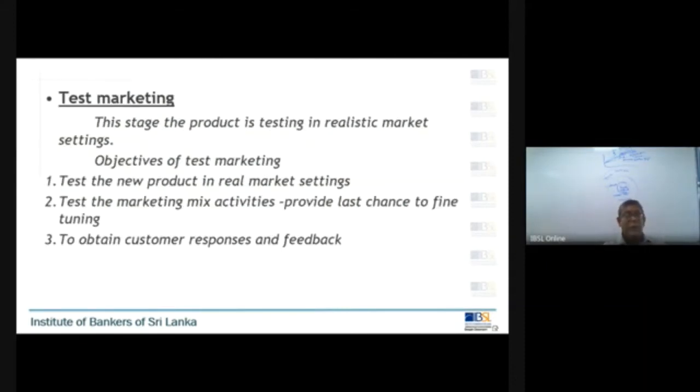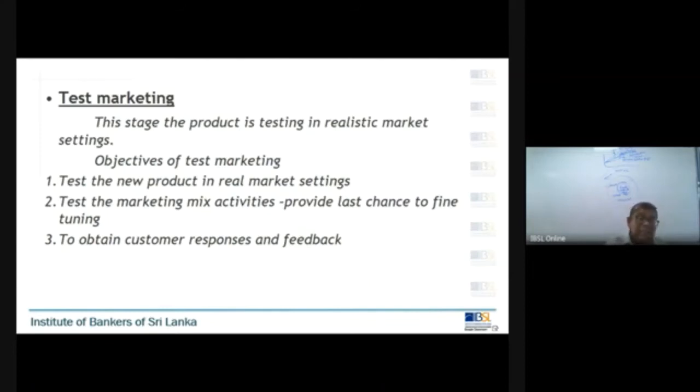Next one. Having developed the product, are you going to straight away introduce it to the market? No. So you may do test marketing. You may select some areas. In Sri Lanka, usually they take Colombo, Gampaha, Kandy and Galle. Why?